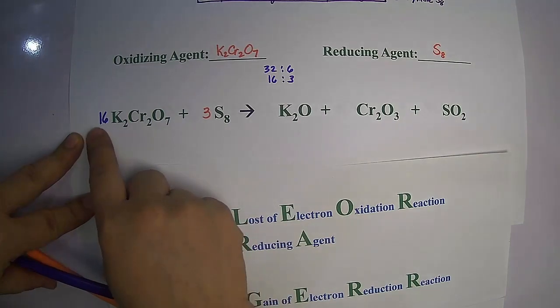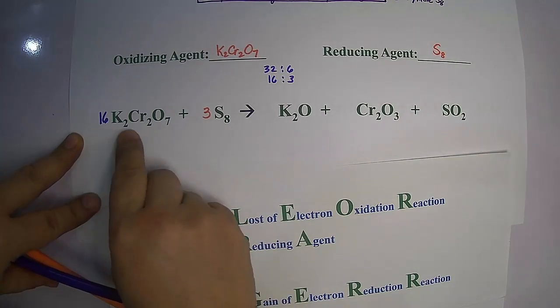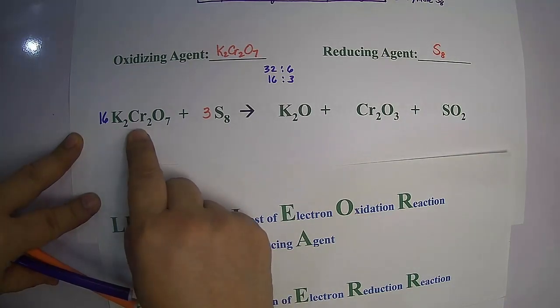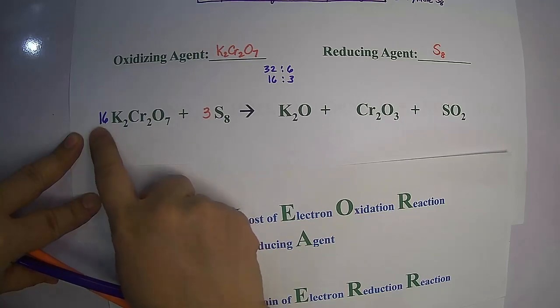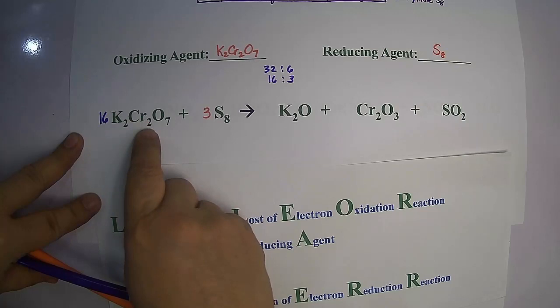In this case, for every atom of chromium, it gained 3 electrons, and you have 16 times 2. You have 32.